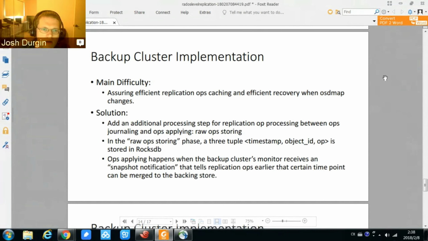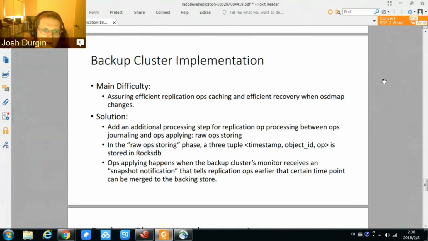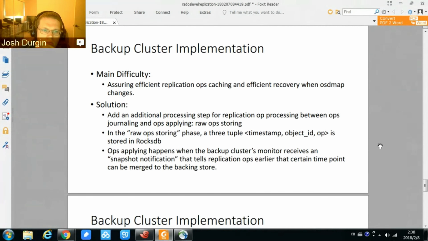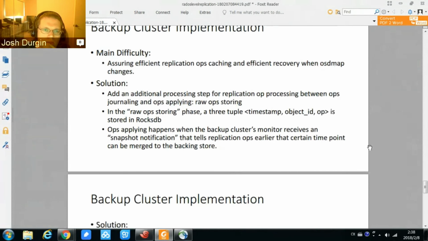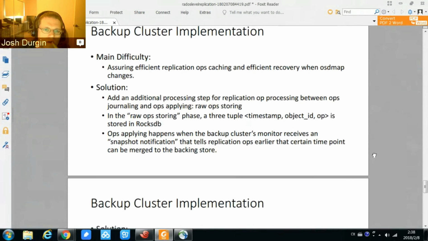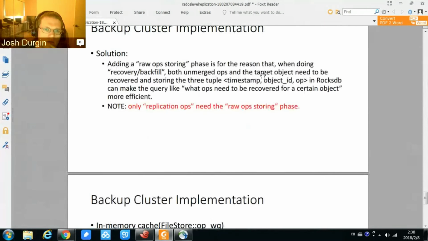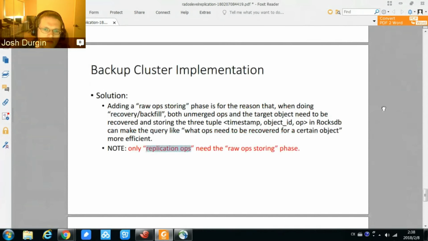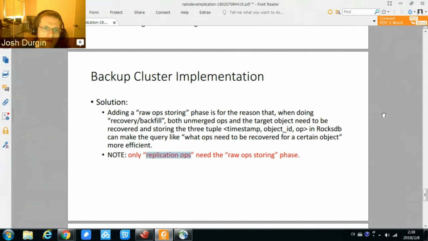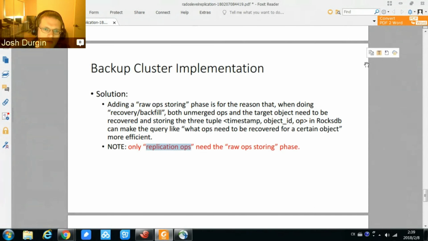Yeah, I think so. I'm just a little confused when you were talking about the replication ops there. You're just meaning we're only storing those in the local cluster for immediate replication, or in the backup cluster, and then having the backup cluster apply from that extra replication log?